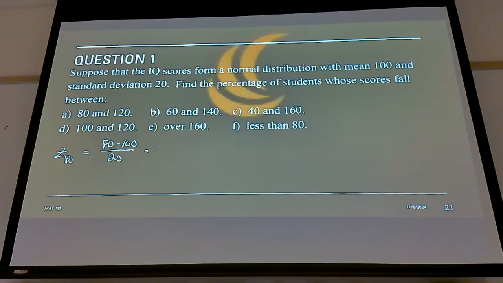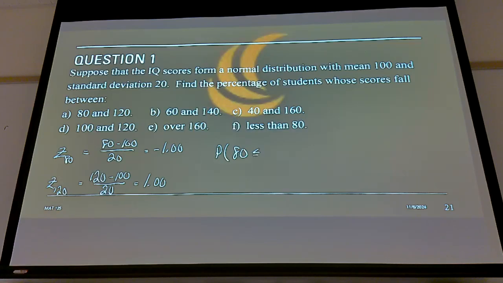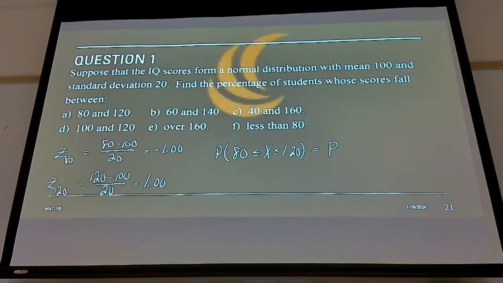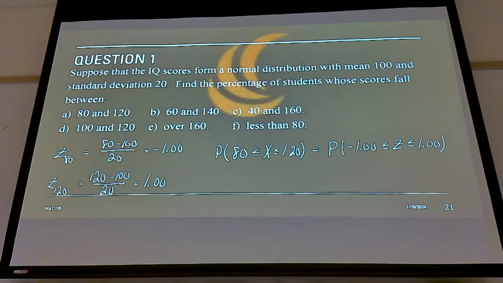Negative 1.00, right? And z of 120, 120 minus mean over standard deviation, is 1.00. The probability that we're looking for, that x is between 80 and 120, is the same as the probability of z being between -1 and +1.